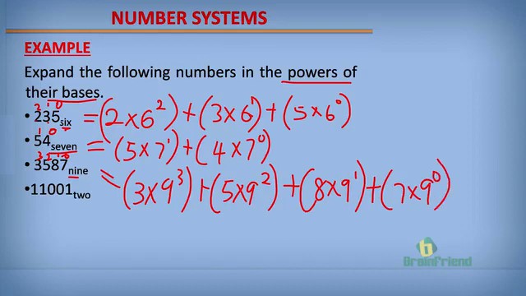And finally, we have 1, 1, 0, 0, 1, 2. Expanding this in the power of its base. We have 0, 1, 2, 3, 4.